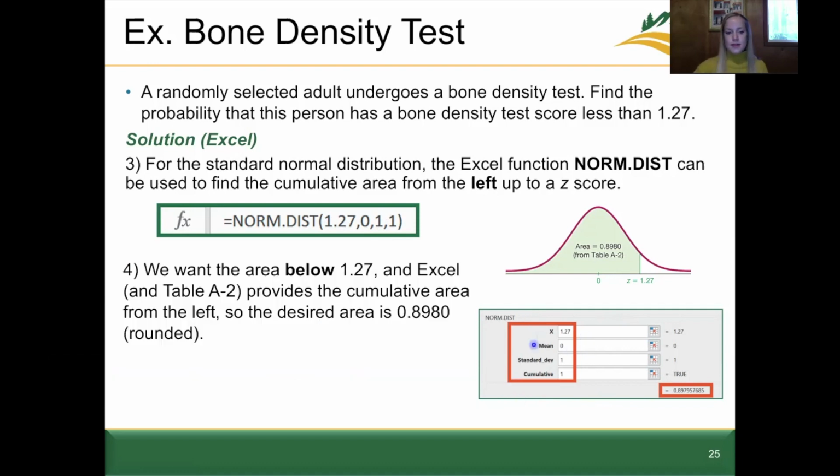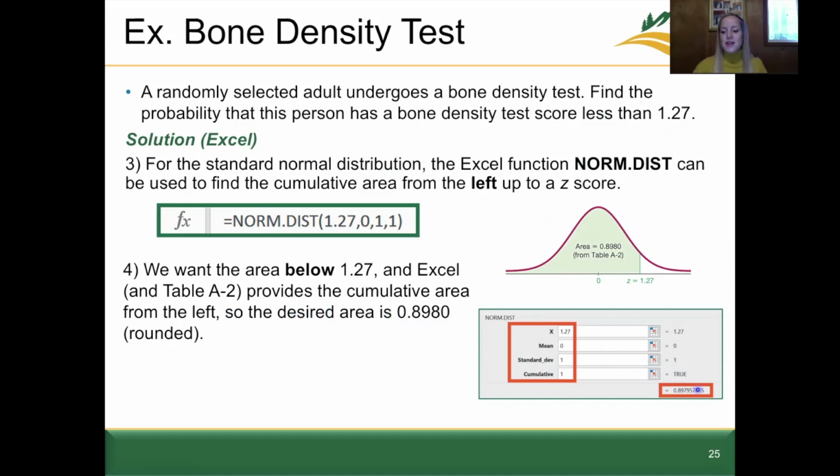So continuing on here, we want the area below 1.27 because we're asked specifically for the probability that this person has a bone density test score less than 1.27. We can use Excel, or we can use table A2. Keep in mind, both of these will give us our cumulative area from the left. Here, that's what we want. So the desired area is 0.8980.